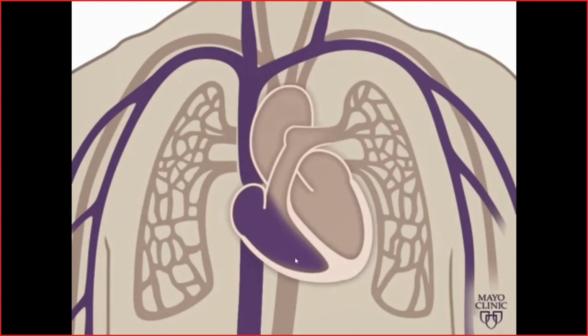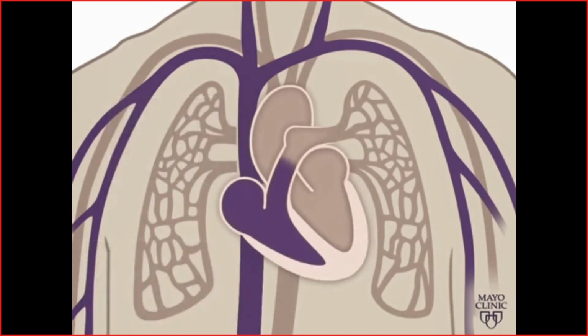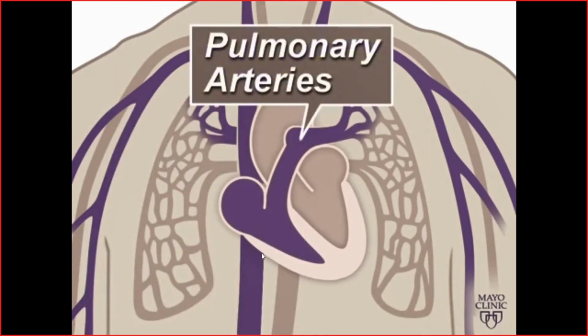Okay, so now what happens? The heart will pump this blood. Now we can see where. So this is the right atrium, the right ventricle, and then the heart pumps the blood into the pulmonary arteries.